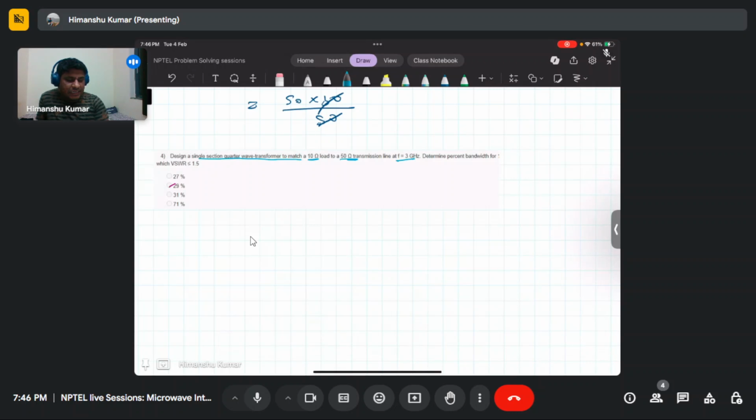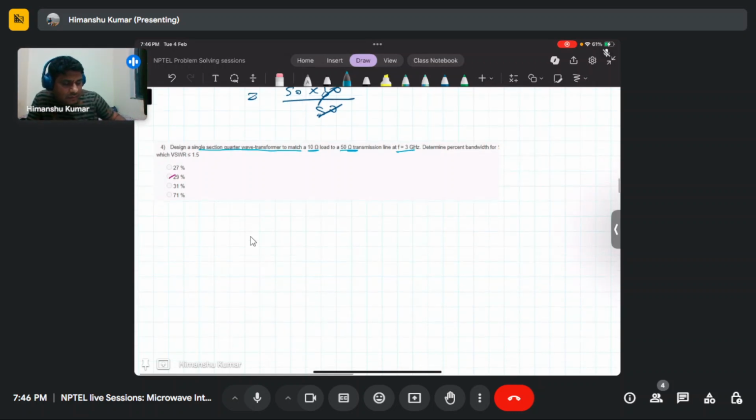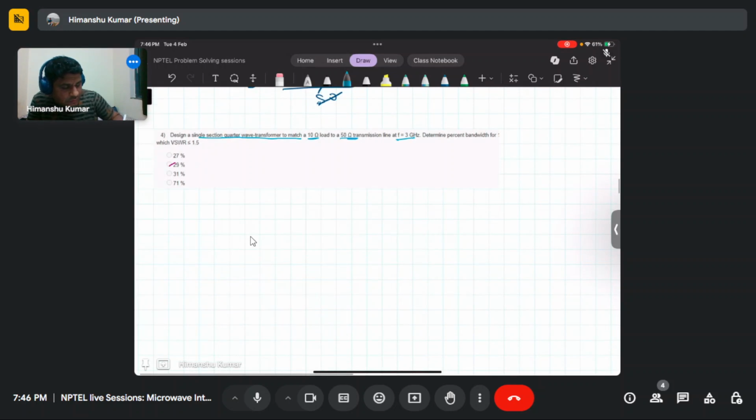So basically we need to design this. This is the load, and you need to design it for 50 ohm matching. The input impedance should be equal to 50 ohm.